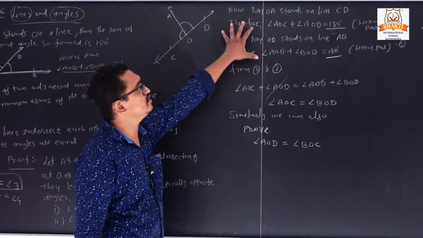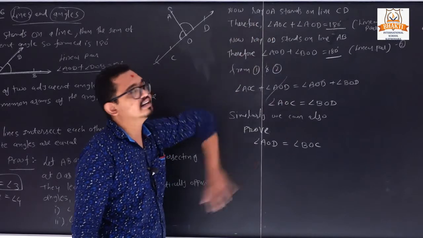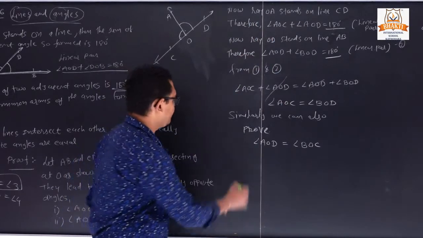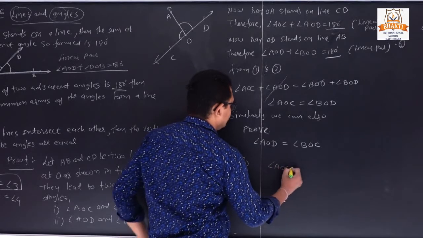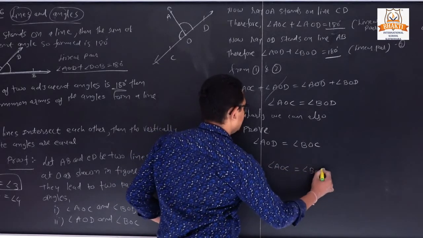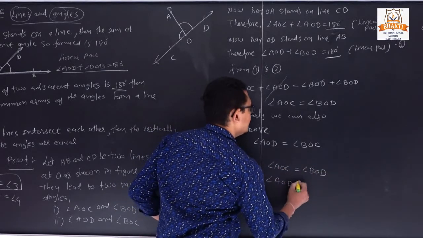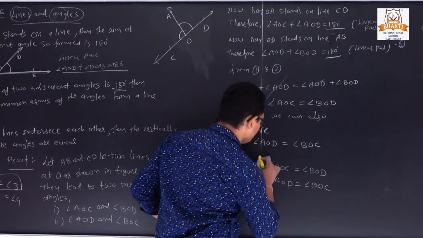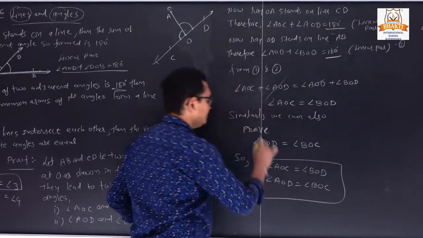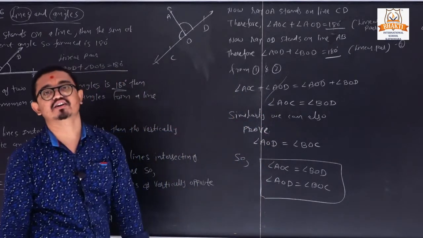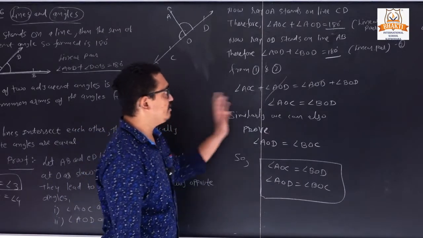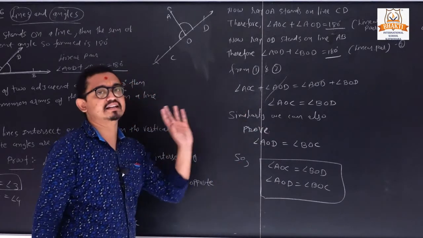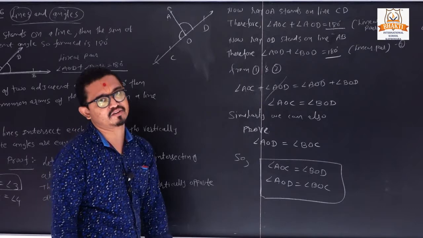Here we can change the line and ray. So AOC is equal to BOD and AOD is equal to BOC. It is proved. Clear? Vertically opposite angles are equal to each other. This theorem is also helpful in some examples from exercise number 6.1.